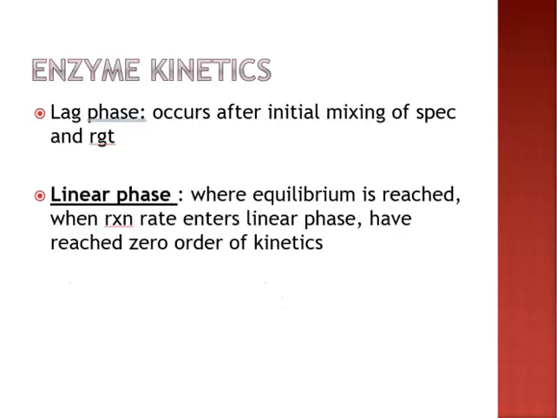Also, there's a couple of terms that you need to know with enzyme kinetics. There's the lag phase, which occurs after initial mixing of the specimen and the reagent. And then there's the linear phase, where the reaction rate enters the linear phase, having reached the zero order of kinetics.